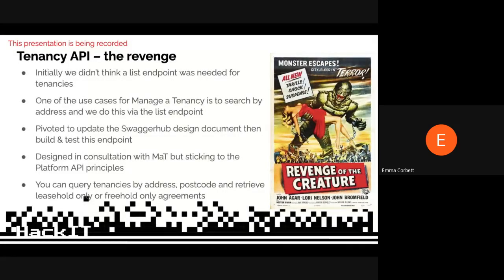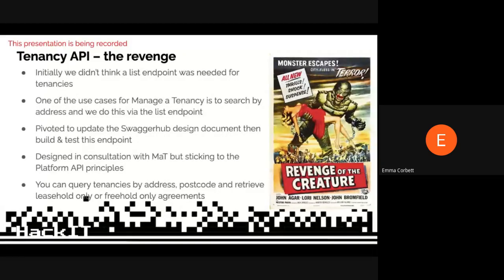However, after having some conversations with manager tenancy, we realized that they had a use case that would need to search the tenancies by address. So we quickly changed some of our plans, for last sprint, and started working on updating the previous Swagger document to include that, and then have been building and testing this endpoint.